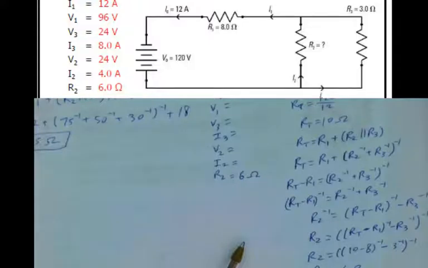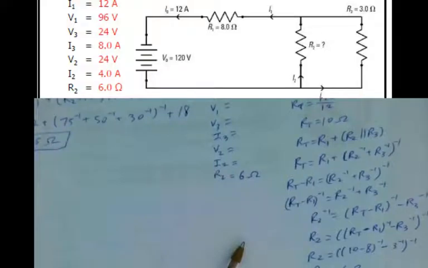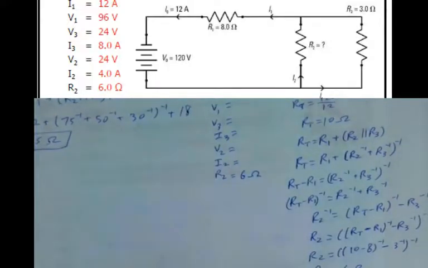Let's look at the current. I have a current of 12. That's going into the junction where I2 and I3 split. I1 is equal to 12 as well. So now I can solve for my voltage for R1.